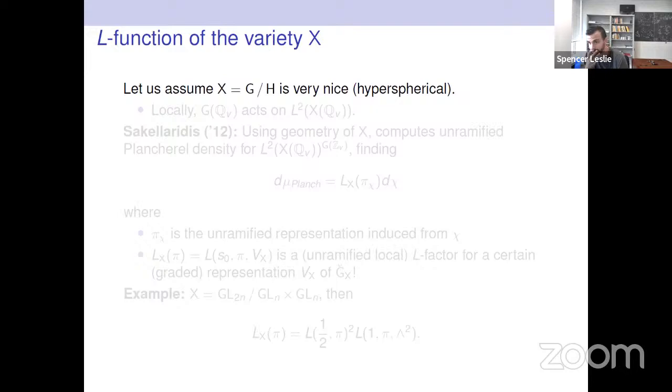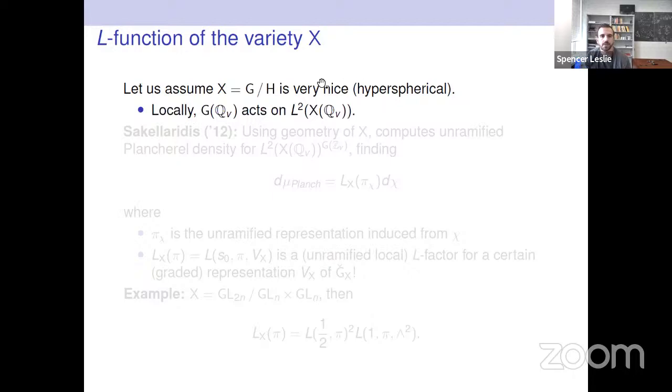In particular, to define the L function of a variety, we need to make very strong assumptions that are nevertheless satisfied by a lot of cases of interest, namely the Friedberg-Jacquet setting, Gan-Gross-Prasad, Galois periods. A lot of these cases satisfy this. So not everything is being included, but this is a good place to start.